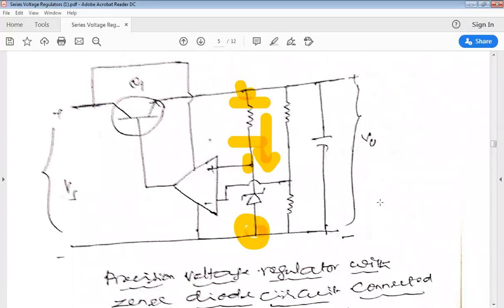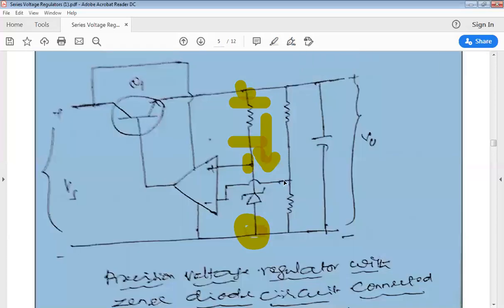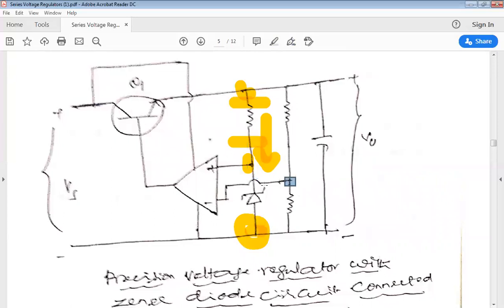The voltage across R3, from this point to this point, is Vz, and the current flowing through this path is I2.